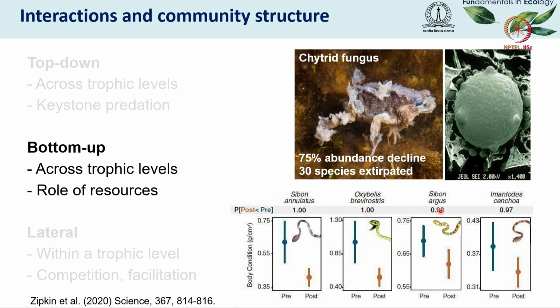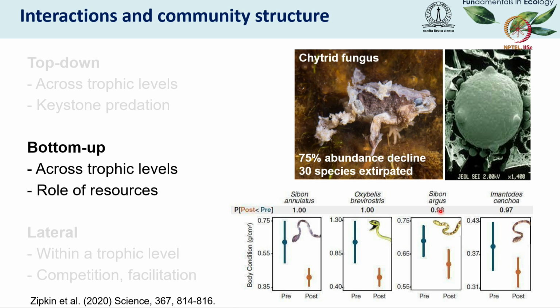And so this is a huge dramatic drop in amphibians, which are prey for snakes. Now snakes are not infected by chytrid fungus, but you've got these 4 species of snakes here, and what you've got is some measure of body condition of these snakes before and after chytrid fungus causes this collapse in amphibian populations.